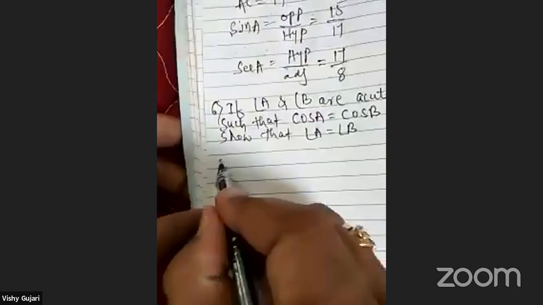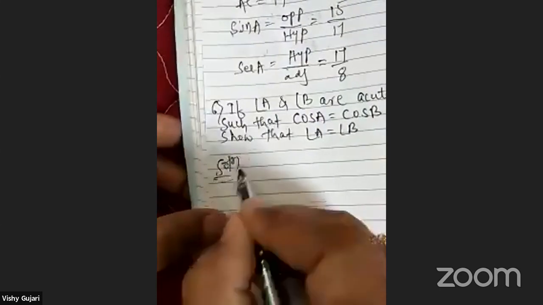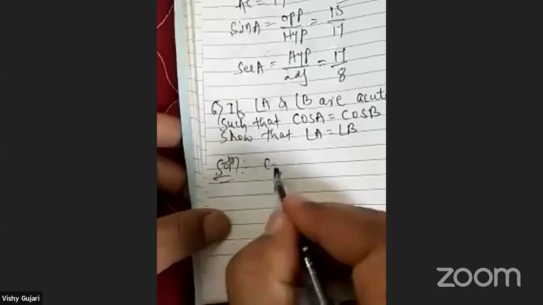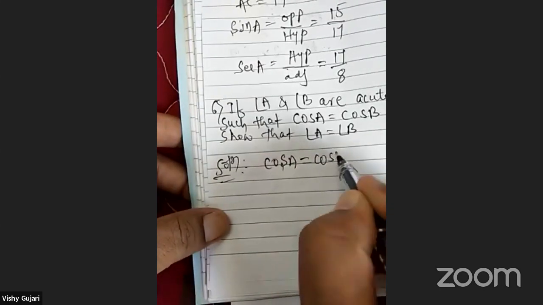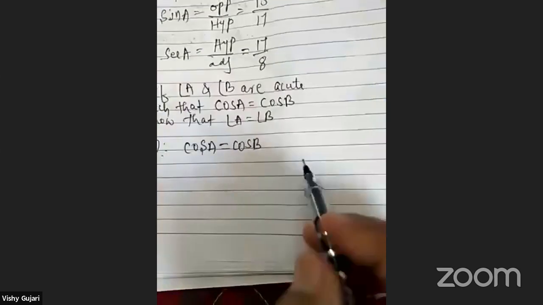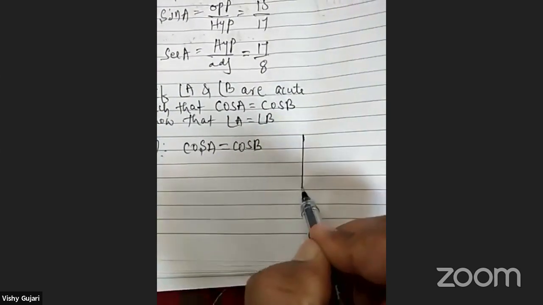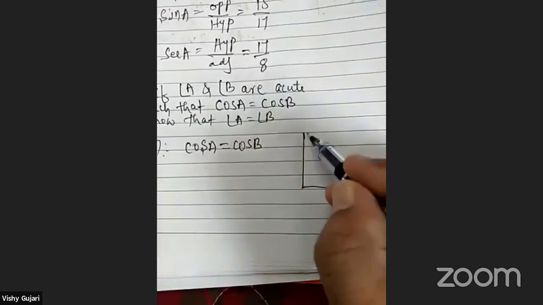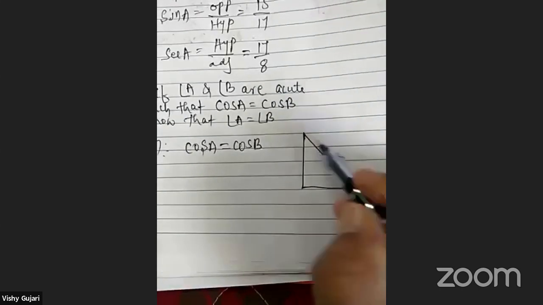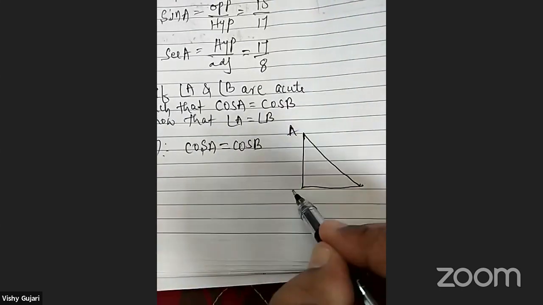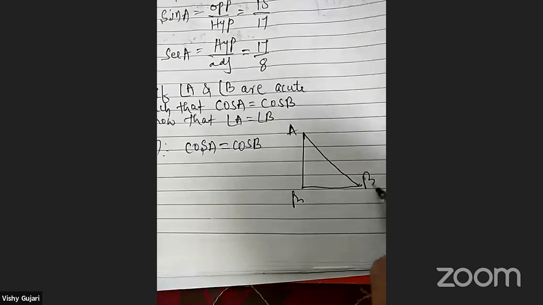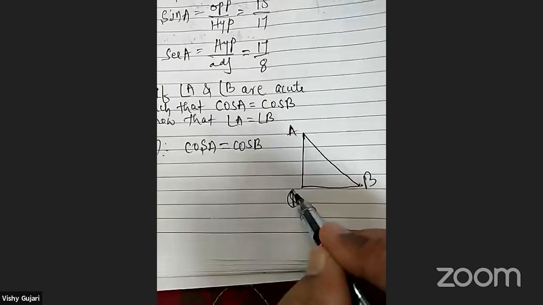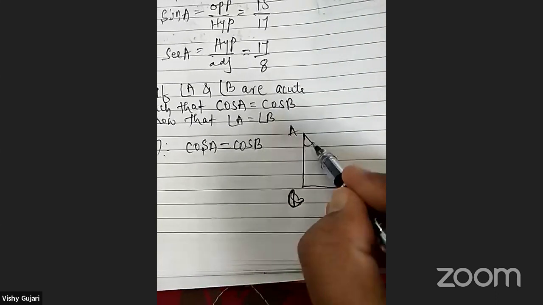So now what you have to do is, solution. It is given cos A is equal to cos B. First you are writing here a right angle triangle ABC, because A and B are acute, it is given.